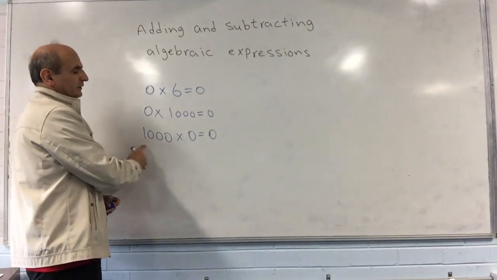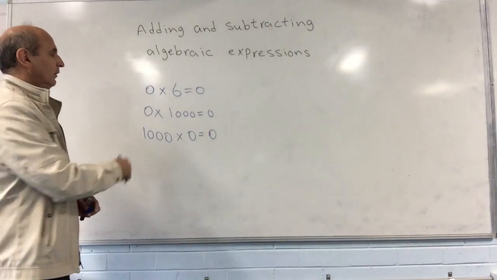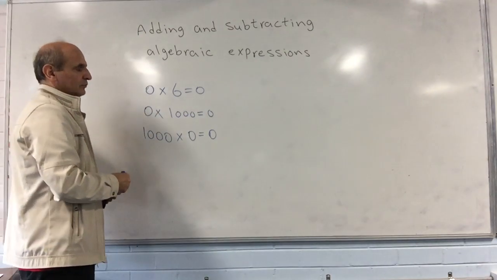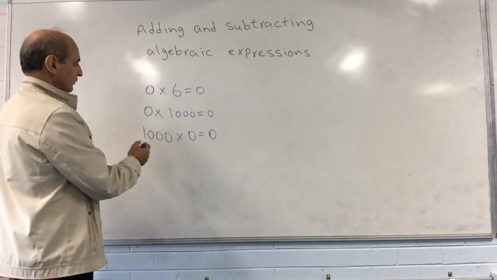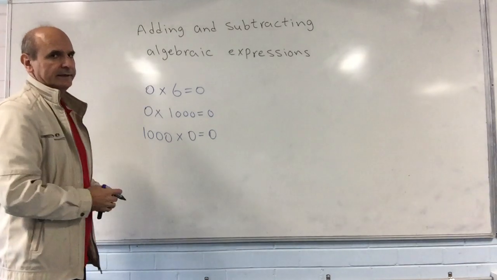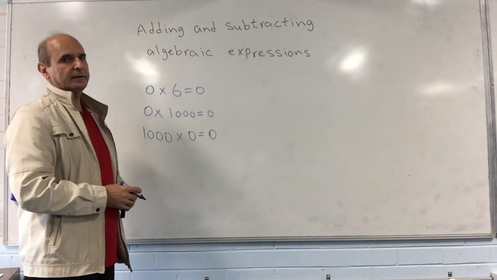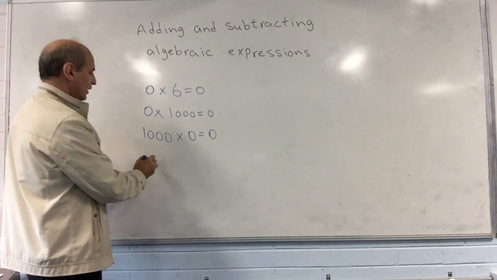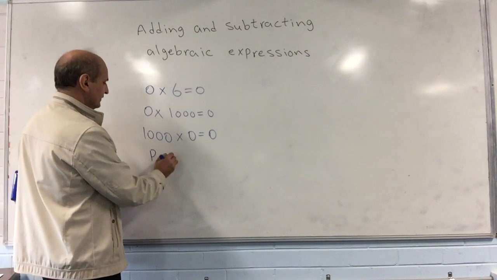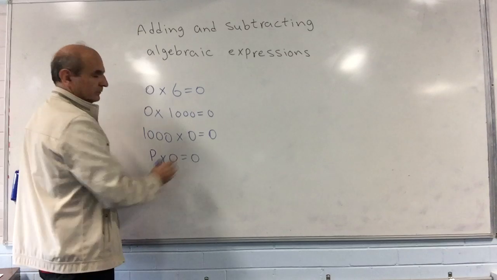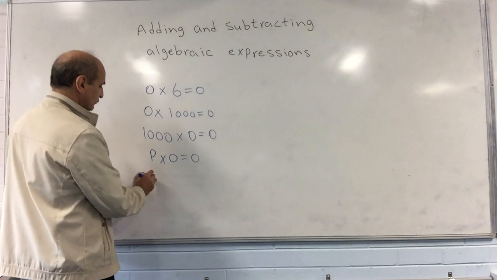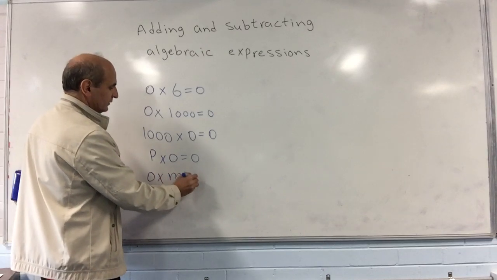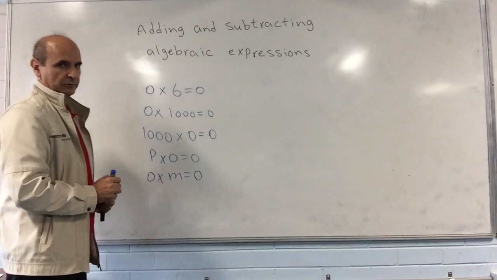So when you multiply any number by 0, or when you multiply 0 by any number, your answer is going to be 0. Considering that any pronumeral, any letter, also represents a number, when you multiply any pronumeral by 0, you will get 0. Or if you multiply 0 by any pronumeral, again you will get 0.